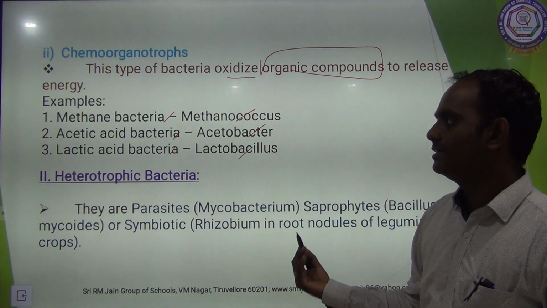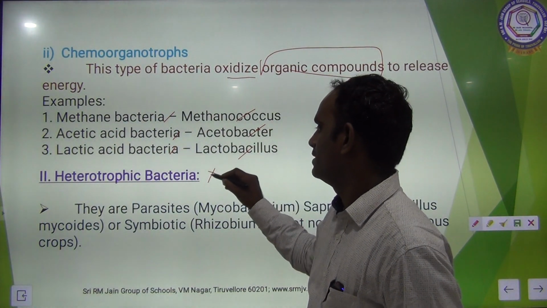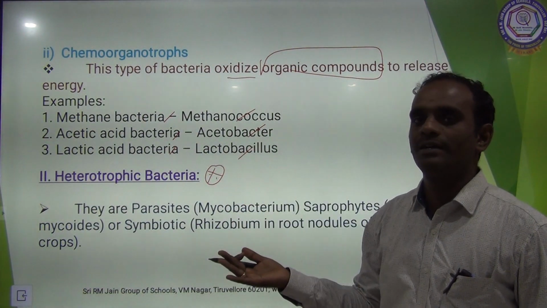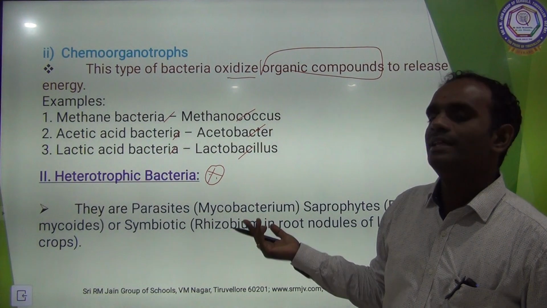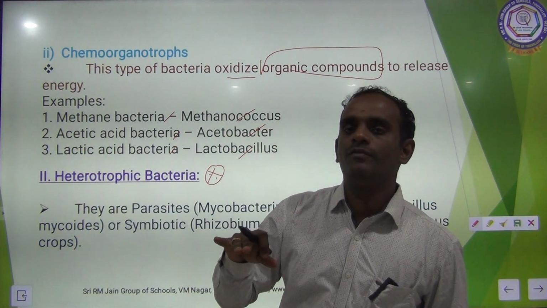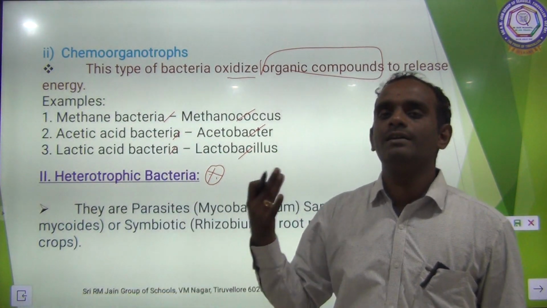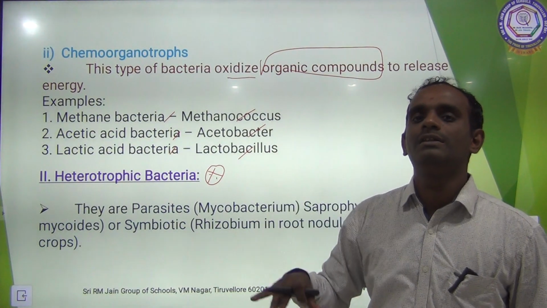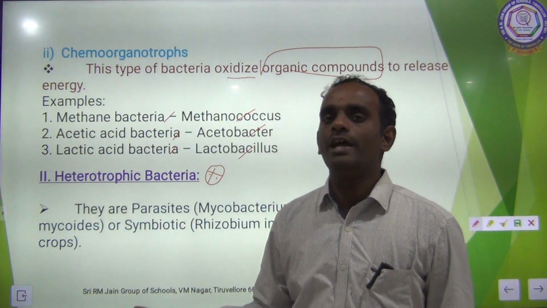The next one is heterotrophic, the second form. Heterotrophic means they depend on other organisms for food. They do not have the ability to synthesize their own food. That is called heterotrophic.